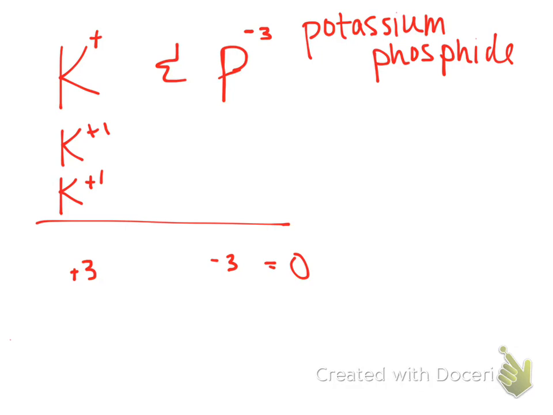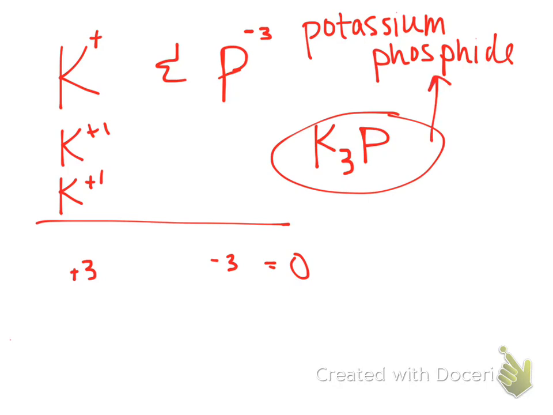So our final compound is K3P. Do I need to put the 1 there? No, I leave that 1 off. If there is no subscript, we're assuming there's a 1. Questions so far about how we're balancing them and putting them together? So our final formula is this, and the written name for it is potassium phosphide.